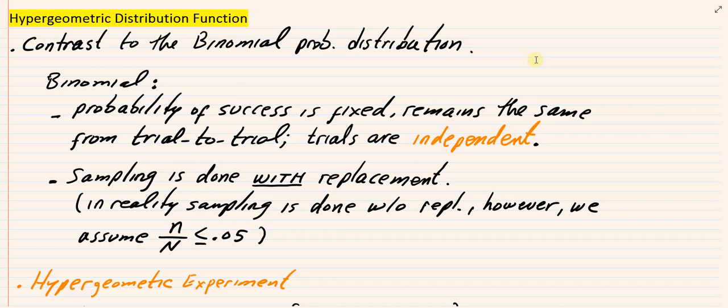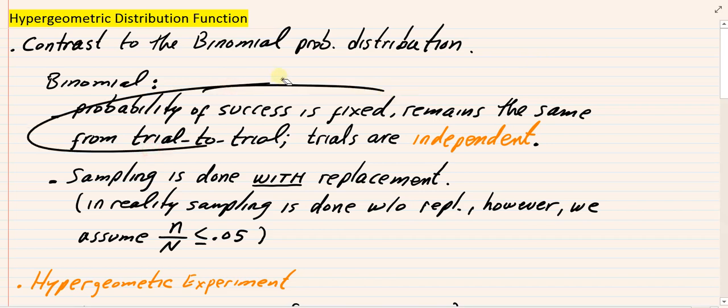Now, if we sample from a finite population and the ratio of sample to population size is not less than 5%, then the probabilities of selection actually change. So it's not that fixed probability that we assumed in our first assumption. The probability of success is fixed; that assumption is going to be invalid.